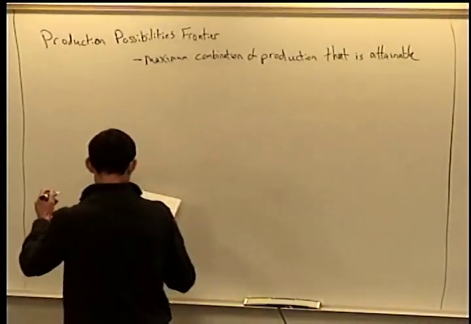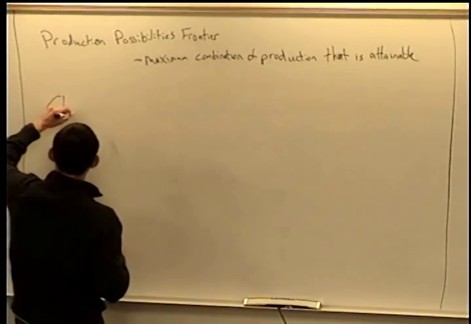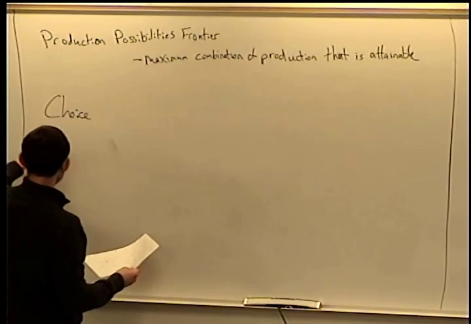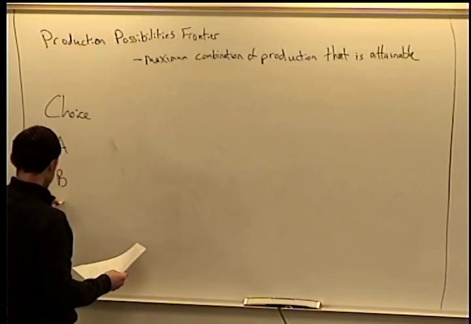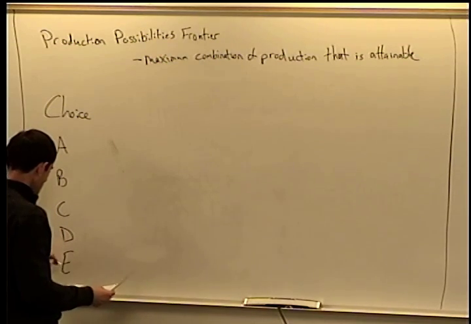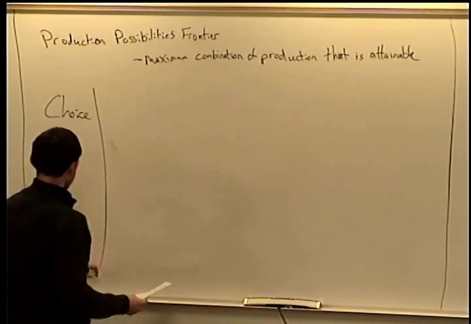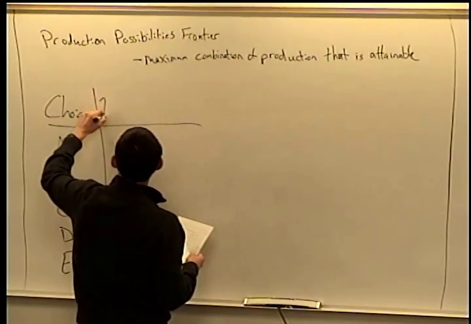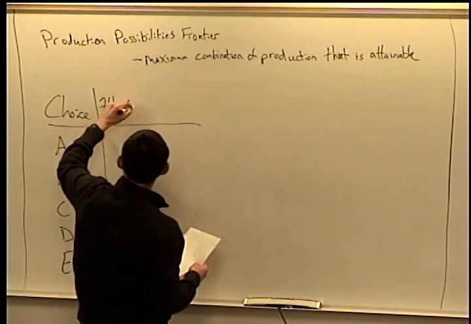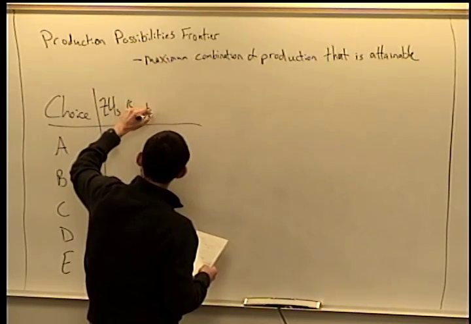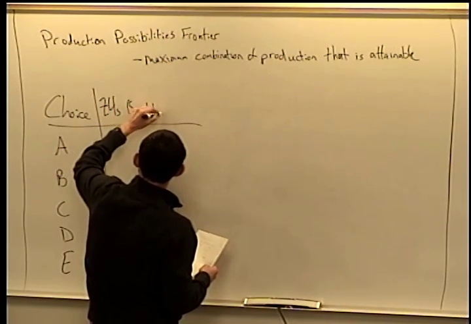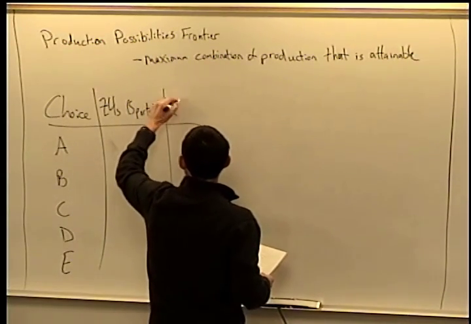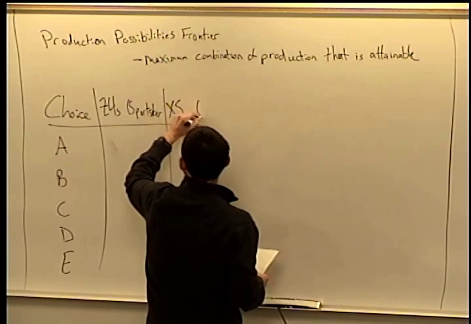So for BMW, we have a few different choices. Okay, so we have choice A, B, C, D, or E. And this is going to be the number of Z4s, which is the Sportster. And then here is going to be the X5, which is their SUV.